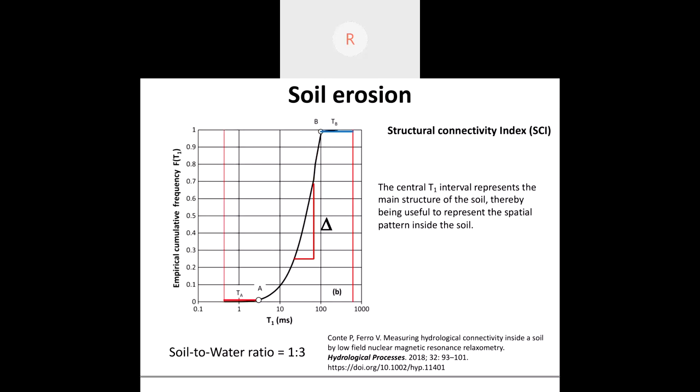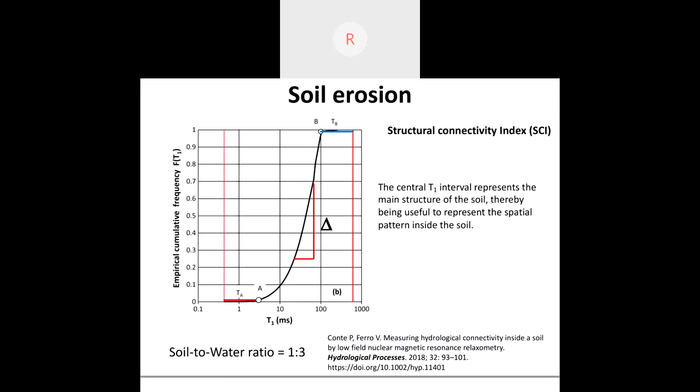Now, why is it important to have these quantitative measurements? Usually we realize that a soil loses its fertility when we see a decrease in food production. Then we do analysis of the soil, and for example, we see that there is nitrogen missing, there is a change in the texture of the soil, a change of pH, and so on.